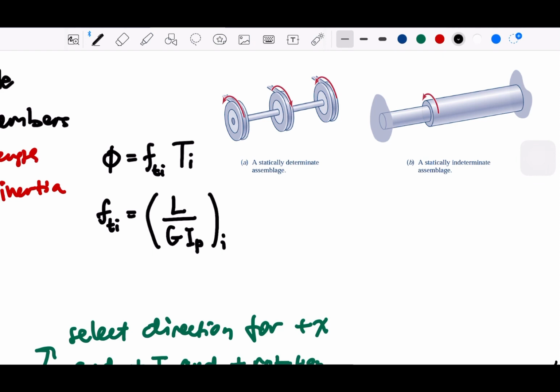The second case is what we call statically indeterminate. It's similar to what we had before in chapter 3. Before, to solve the indeterminate case, we applied what we call the compatibility equations. Usually those equations give the linear solutions, which are usually described from the geometry.